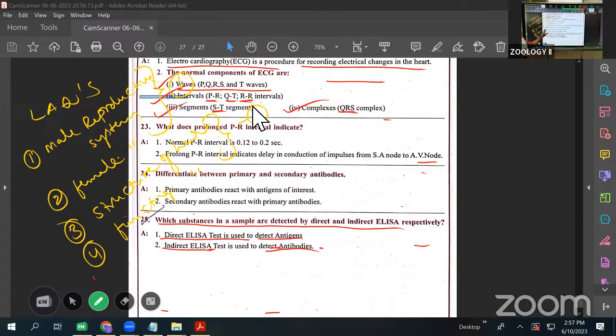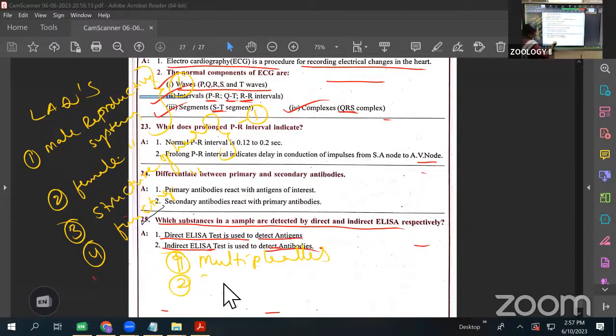If you face any difficulty, learn the genetics questions. Here, 3 genetics questions are there. First, multiple alleles. Second is the chromosomal theory of sex determination.